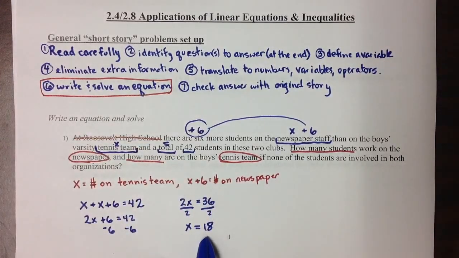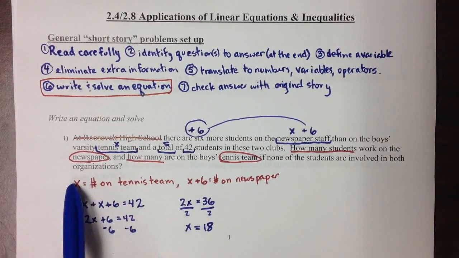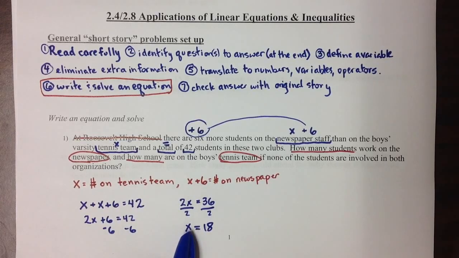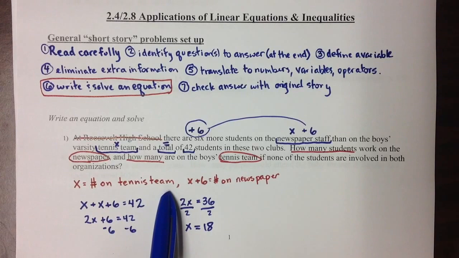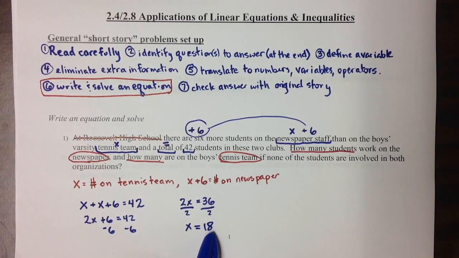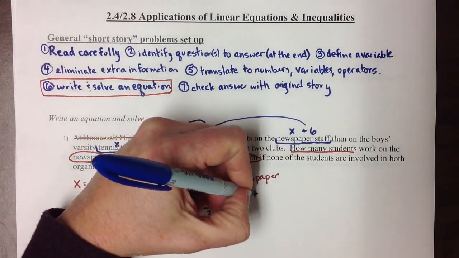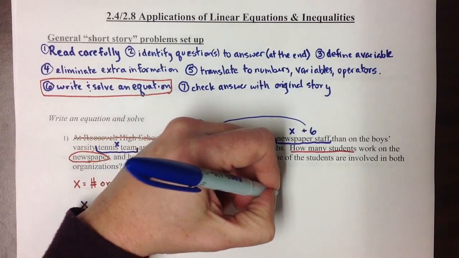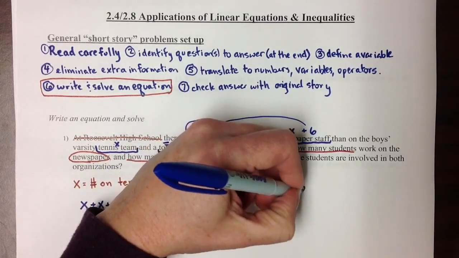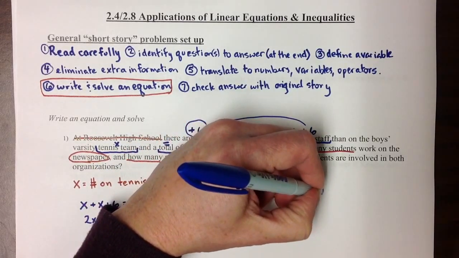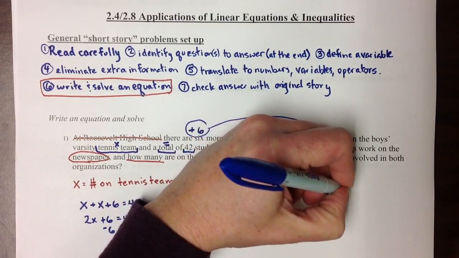Now we need to go back and remind ourselves what that 18 is about. Well, we decided that x was going to stand for the number of boys on the tennis team. So we've now figured out that there are 18 boys on the tennis team.